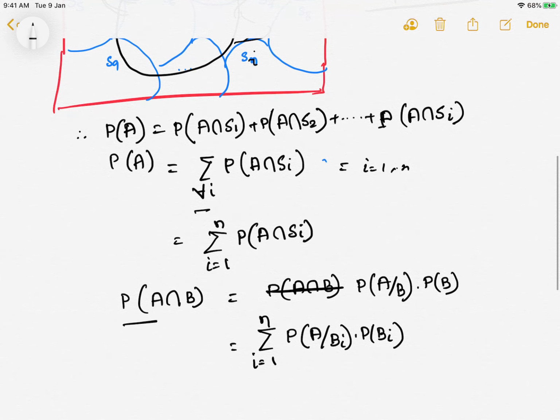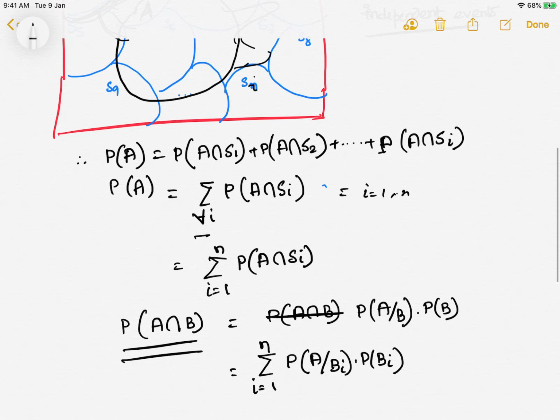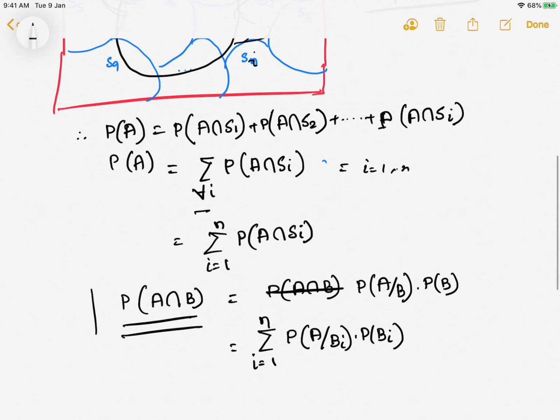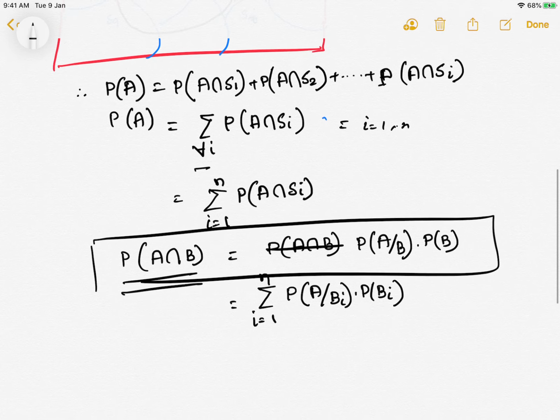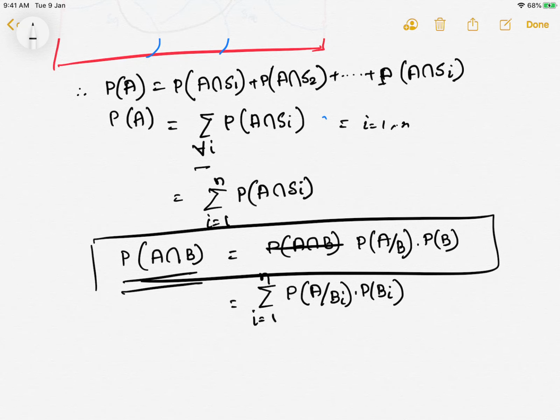Hence, for each point we are getting this. So this is equal to the summation for all i of probability of A intersection Si, and this is the total probability theorem.